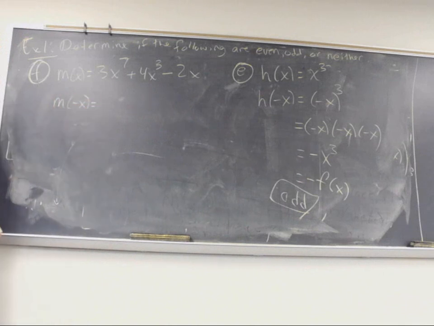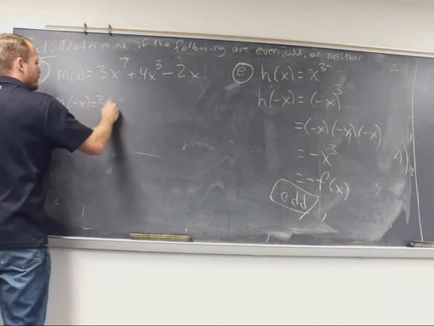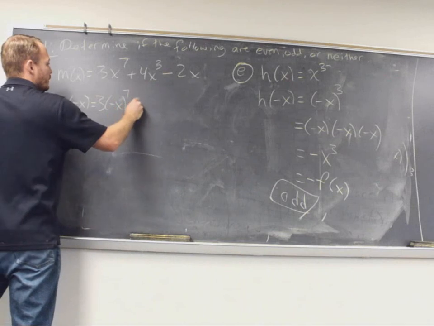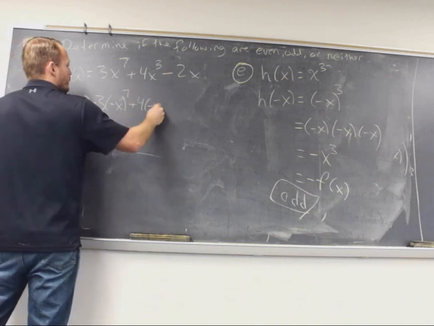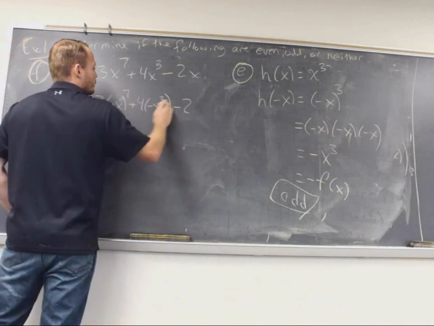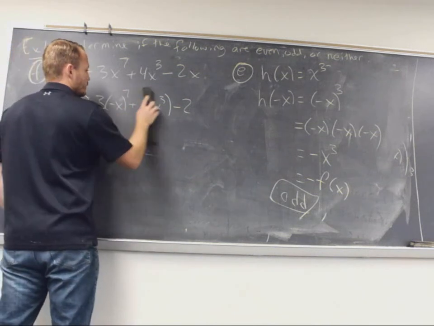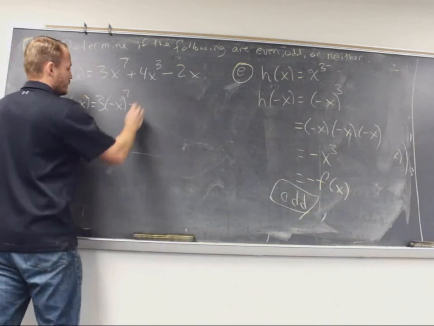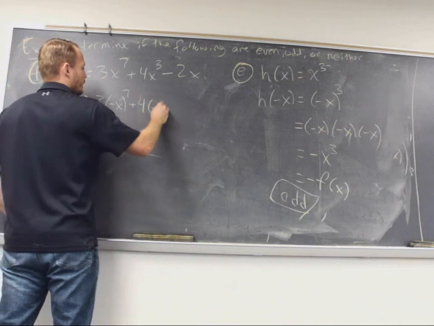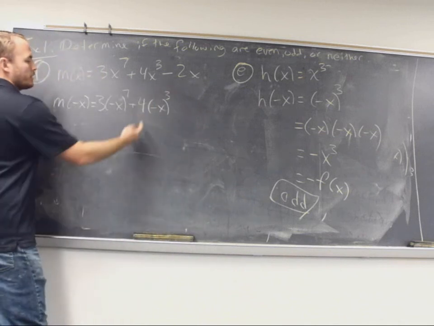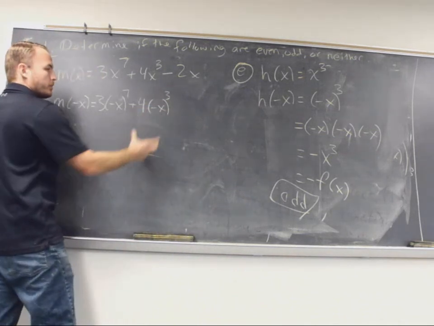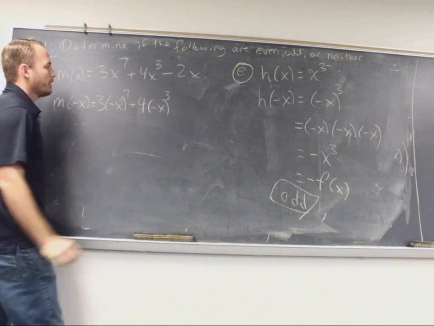So you plug in negative x, so you get 3 times negative x to the 7th plus 4 times negative x cubed minus, I messed up here. So let's erase, start that term over. 4 times negative x cubed. You have to make sure that negative x is in parentheses, and then you have it raised to that power.